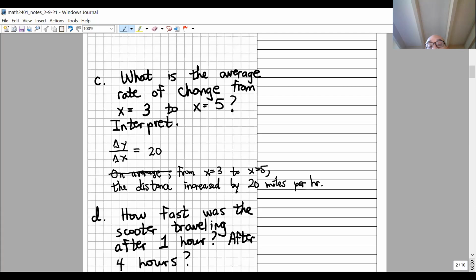Now here's the thought question that I want to ask, but it will be very easy to answer. Freddie is on his scooter, and of course the scooter is going to have a speedometer on it. So supposing that after exactly 1 hour, Freddie looks down at his speedometer, that tells him his speed, obviously.